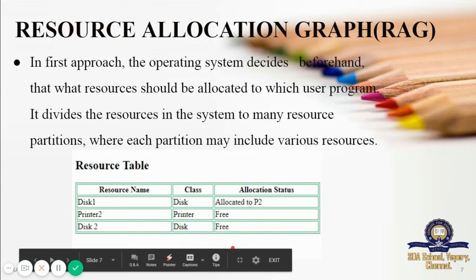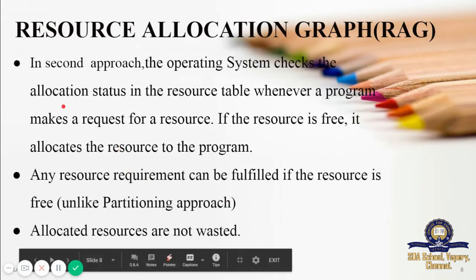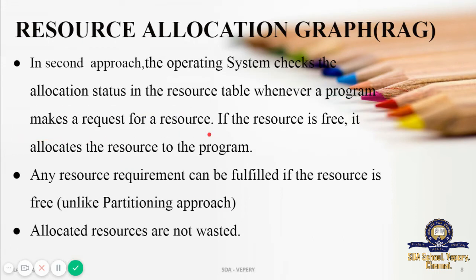In the pool based approach, it will see the resource table to find whether the resources are free or not. When a program makes a request for a resource, it will check whether it is available or not.